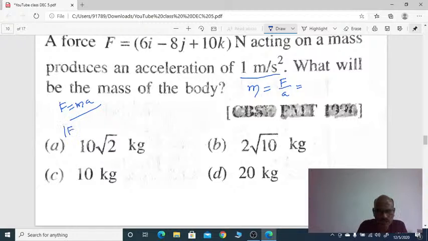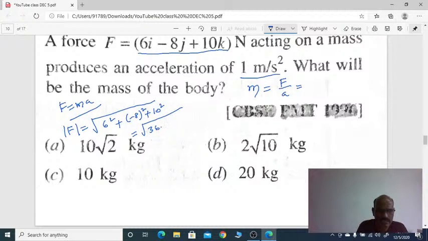The magnitude of F, given as 6i minus 8j plus 10k, is the square root of 6 square plus minus 8 whole square plus 10 square. That is 36 plus 64 plus 100, and you will get 10 root 2.